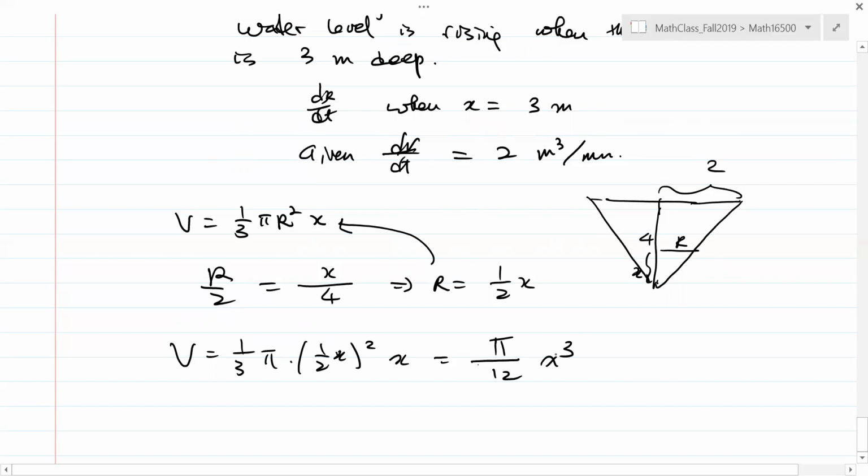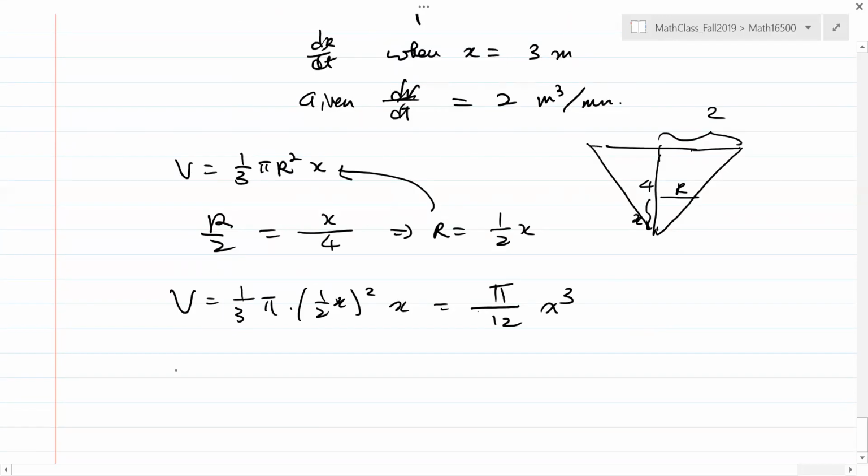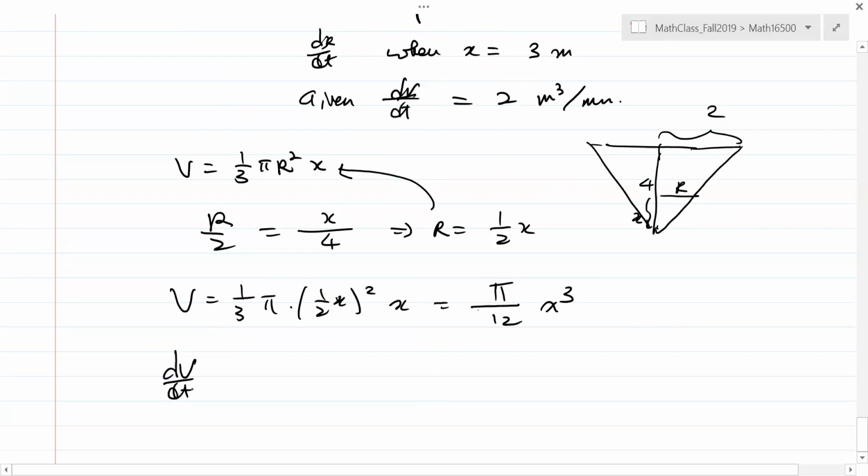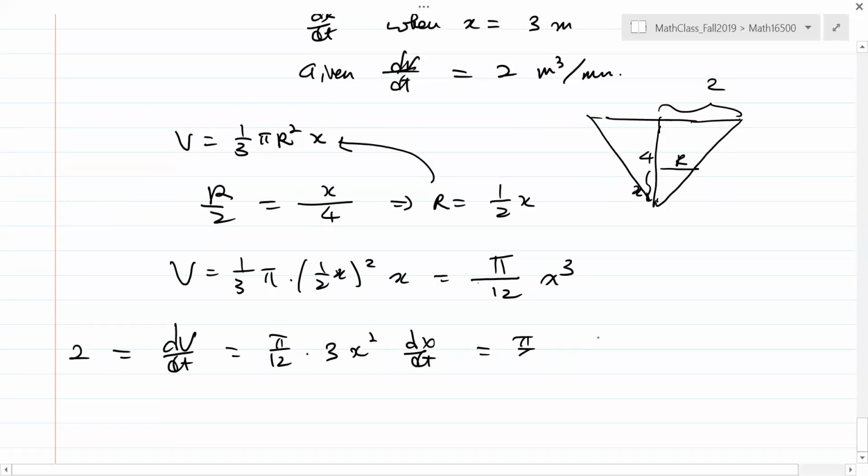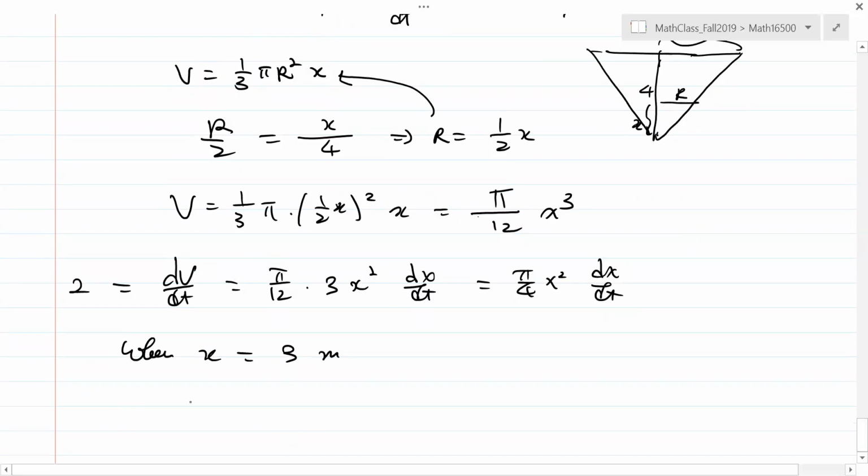I know the rate of change in the volume, which is 2 cubic meters per minute, and that equals pi over 12 times 3x squared dx/dt. So we get pi over 4 x squared dx/dt. When x is 3 meters, you get 2 equals pi over 4 times 3 squared times dx/dt. Then you get the rate of change in the height.